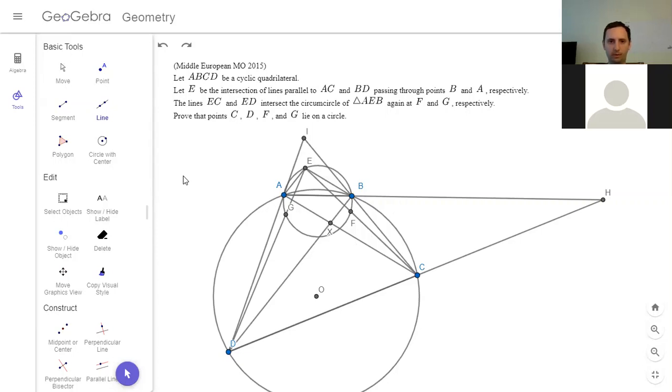Interesting problem. Could we try to use power of a point? We can try to show EG times EB is EF times EC. That's one way to do it. Maybe there's another way to use Desargues.